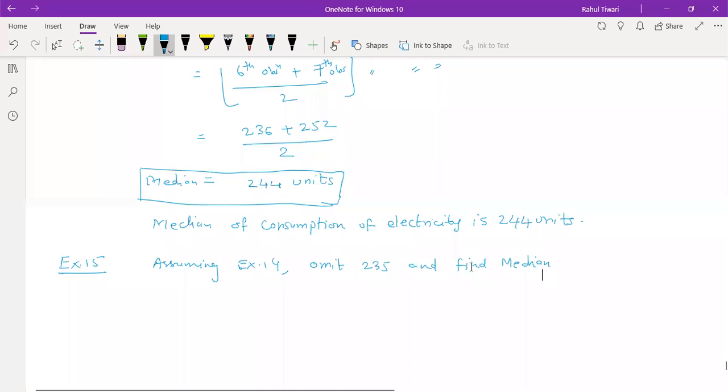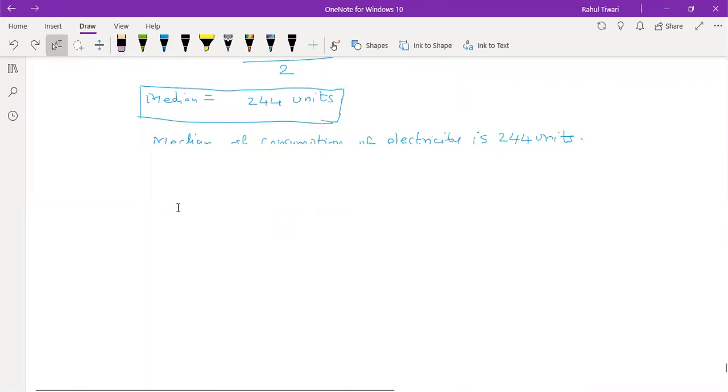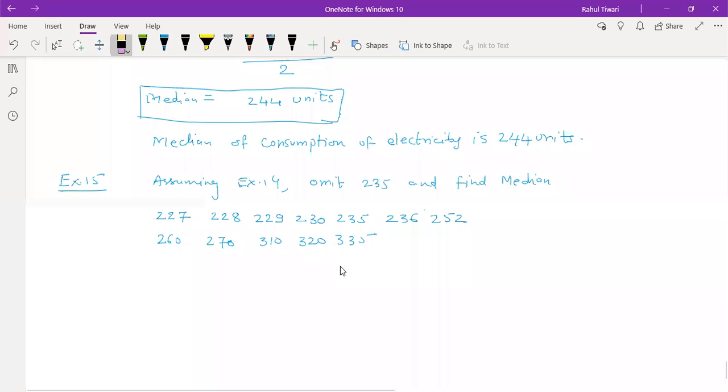So you have to just remove that 235 and take the whole observations once again, omitting that last one. So what do you get here? Just check.